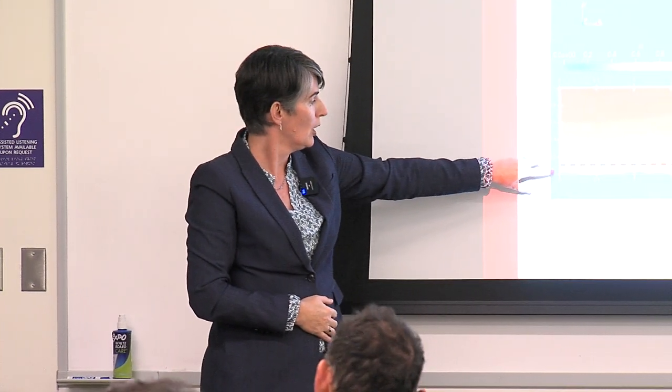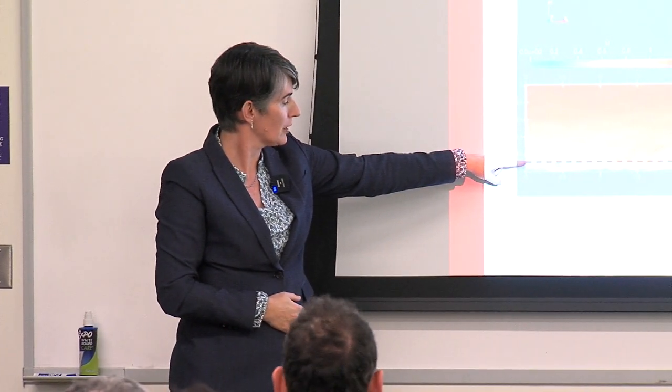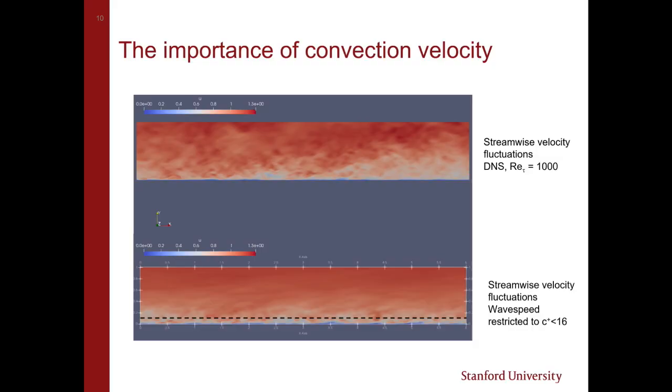So this is for wave speeds that are associated with a critical layer here or lower. And so perhaps you can already see that we've already got something that's coherent sitting within a much more complicated picture that we can get a handle on more cleanly because we filtered by wave speed.